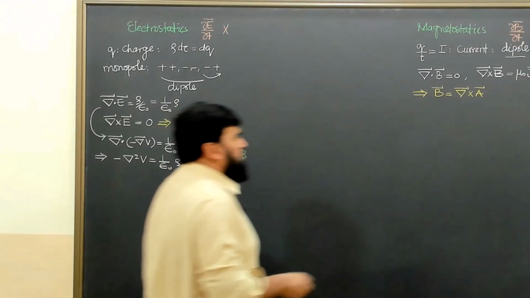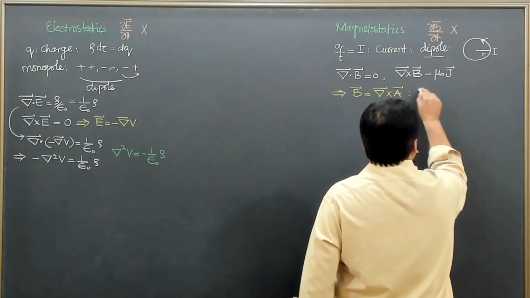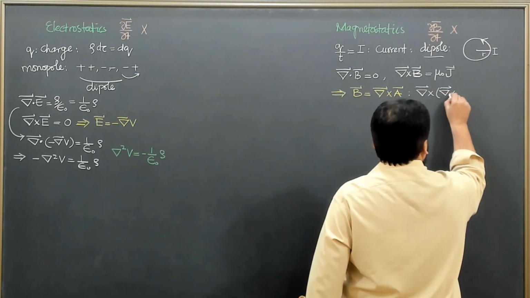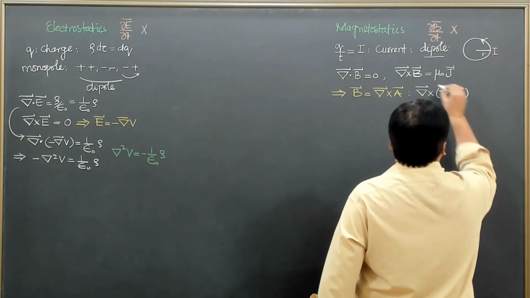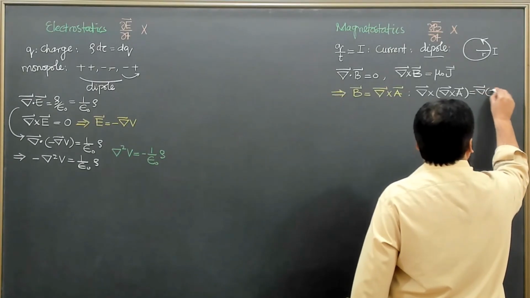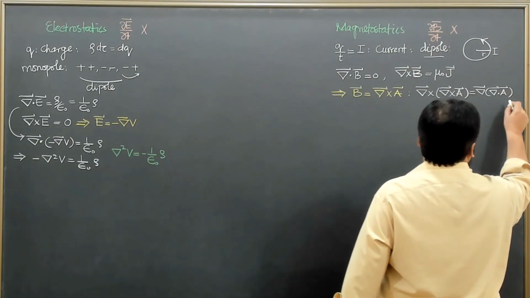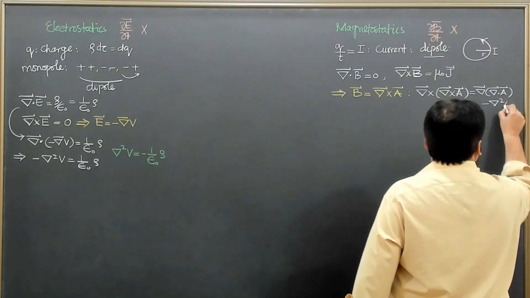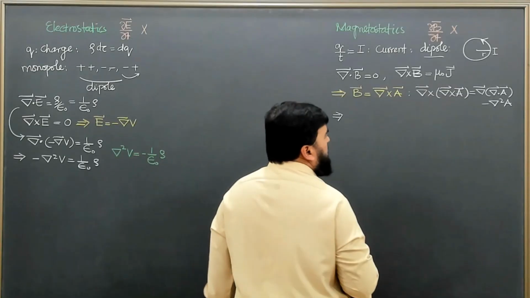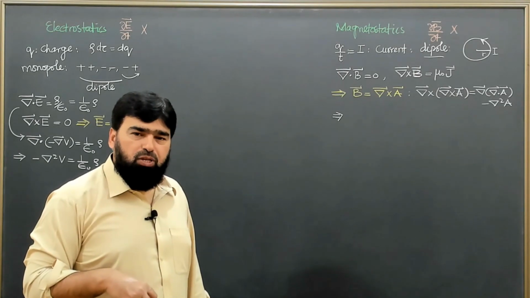So let's come here. If I have this situation, then what about del cross B? For B I write del cross A, so del cross del cross A is equal to the gradient of the divergence of A minus del square A. The divergence of A, in the Coulomb gauge that we are having, is 0.